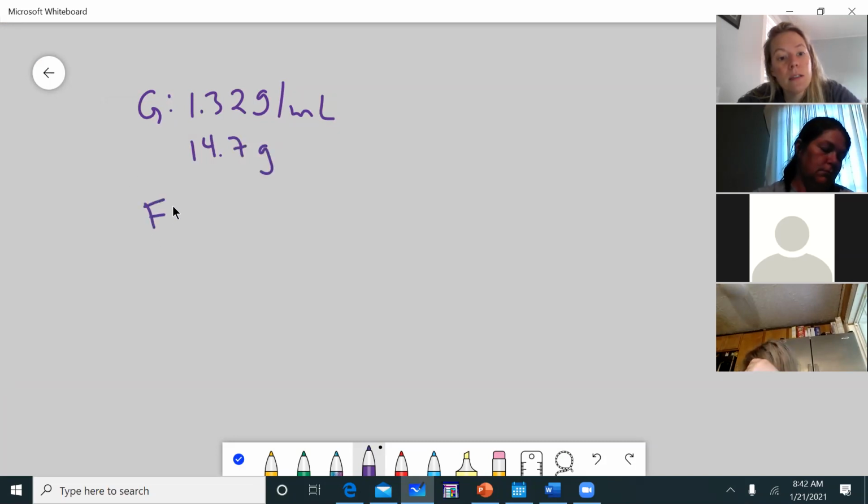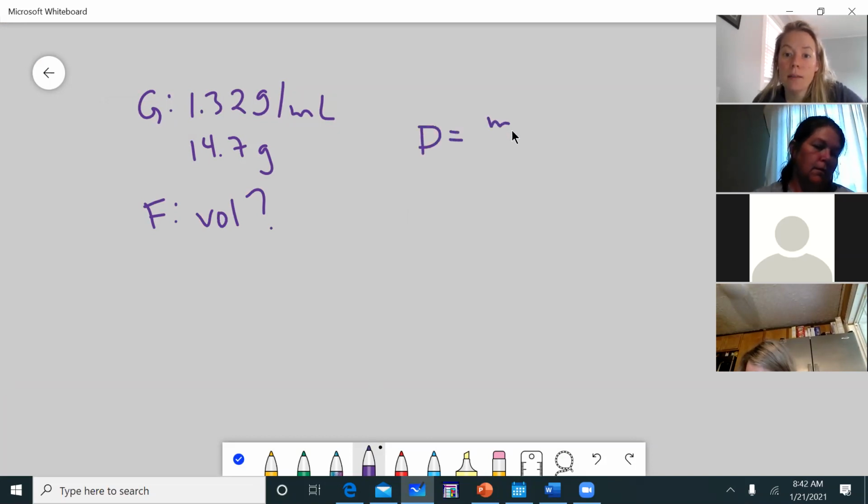We're trying to find volume. So writing out my equation, density equals mass over volume. If I'm trying to find volume, I need to get volume by itself.